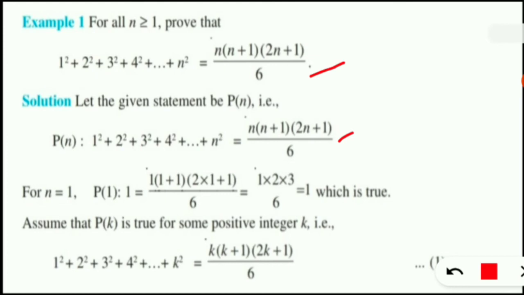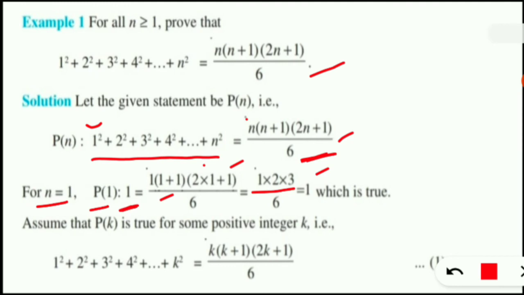So next, for n equals 1, that means P of 1. If we put n equals 1 in the left hand side, that means 1 square, only the first term, so 1 square equals 1. This is the left hand side. And if we put n equals 1 in the right hand side, that means 1 into 1 plus 1 in bracket, 2 into 1 plus 1, divided by 6, that means 1 into 2 into 3 whole divided by 6, that means 6 by 6, again 1.